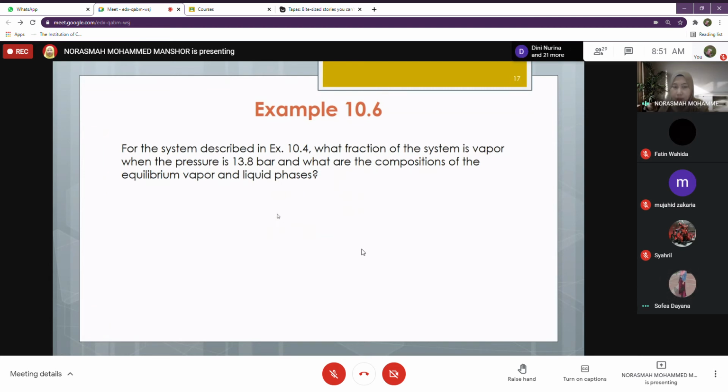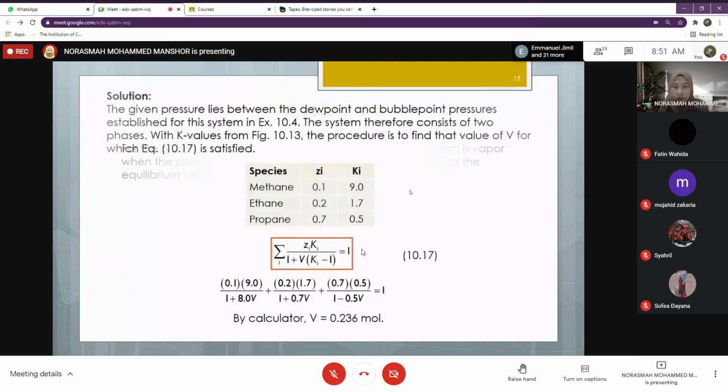Okay, 10 degrees C and pressure 13.8 bar. You find the Ki value for each species. Try in figure 10.13, can you get it?